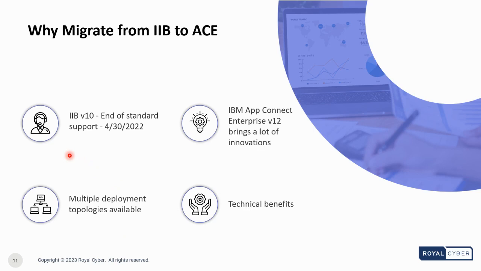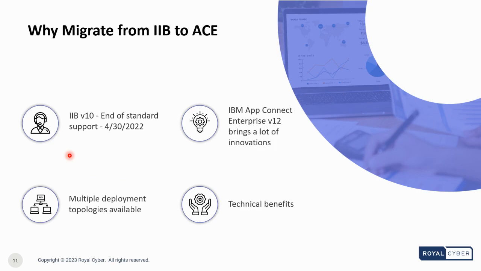I cannot think there will be any customers who might be using WebSphere Message Broker version 8, but I'm just saying you've run out of time already. You should have been on 9 and 10 before last year, and you should really jump over to ACE this year. If you haven't done it, this is the time to take that action.